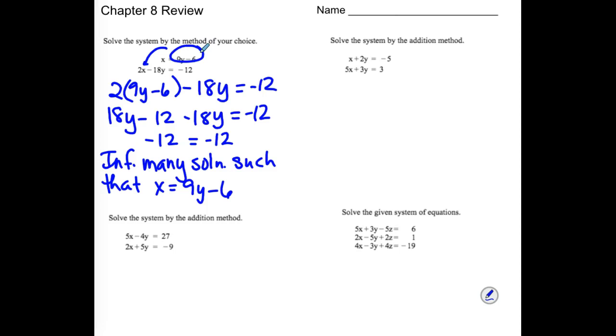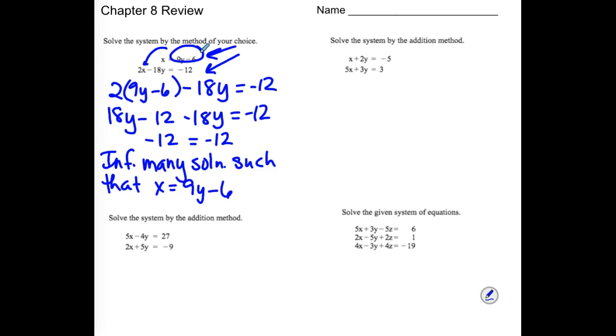Does that make sense? It's not that every ordered pair works. What we're saying is that every ordered pair that works in the first one is also going to work in the second, right? It's just the same line written in 2 different forms. So you do have a limited number of solutions in that they have to fit on the line. Does that make sense? Okay.